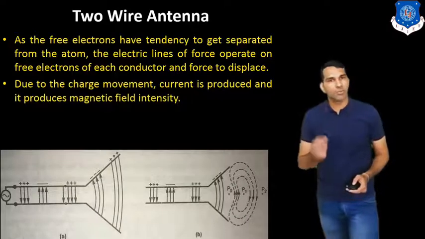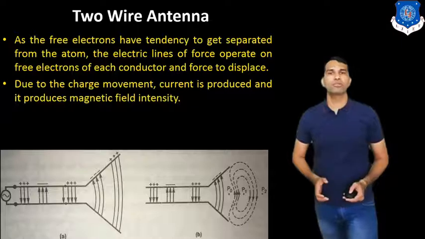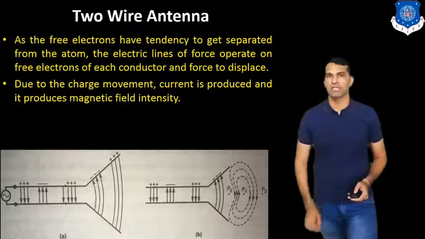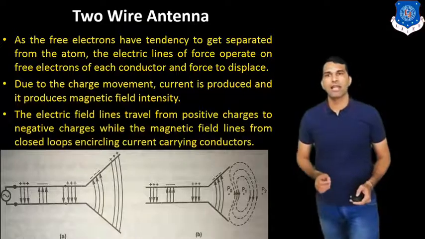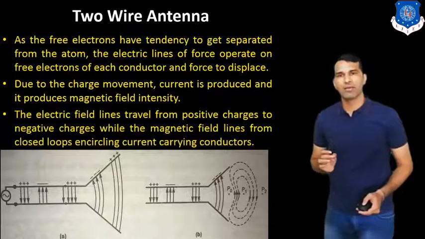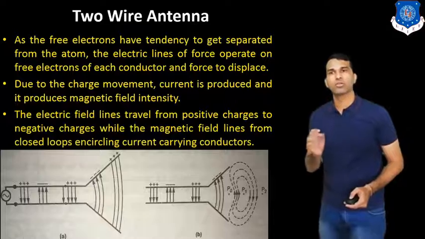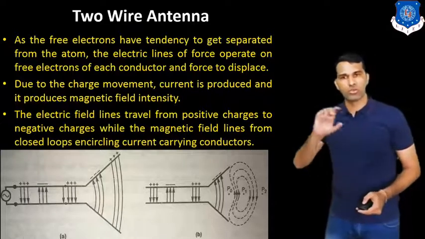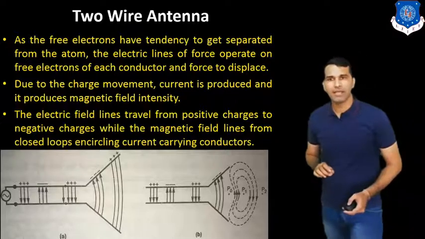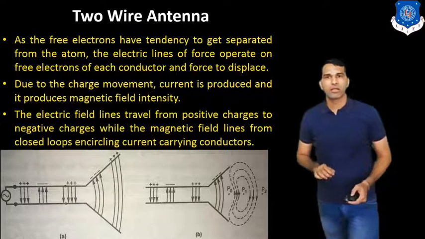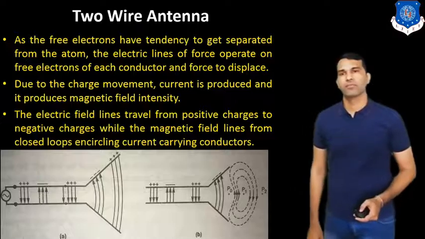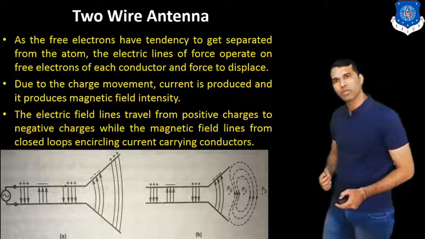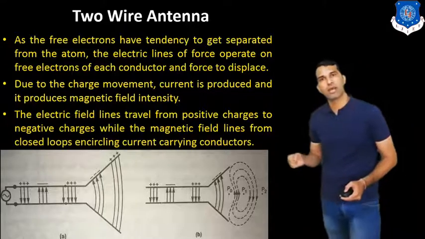Due to the charge movement, current is produced, and it produces magnetic field intensity. The electric field lines travel from positive charge to negative charge, while the magnetic field lines form closed loops encircling the current carrying conductor. So this is the mechanism of how the electromagnetic wave is produced inside this two-wire antenna.